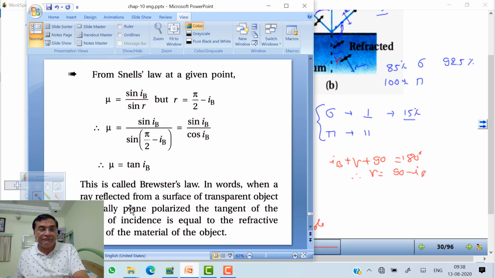When a ray reflected from the surface of a transparent object is totally plane polarized, the tangent of the angle of incidence is equal to the refractive index of the material of the object, and this we are talking about for the absolute refractive index because it is placed in air or in space. If it is placed in some other medium, then we have to use relative refractive index.